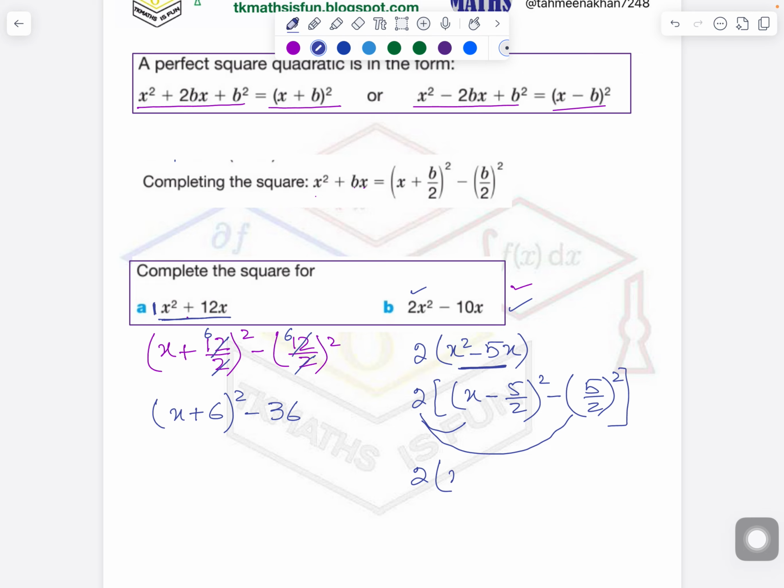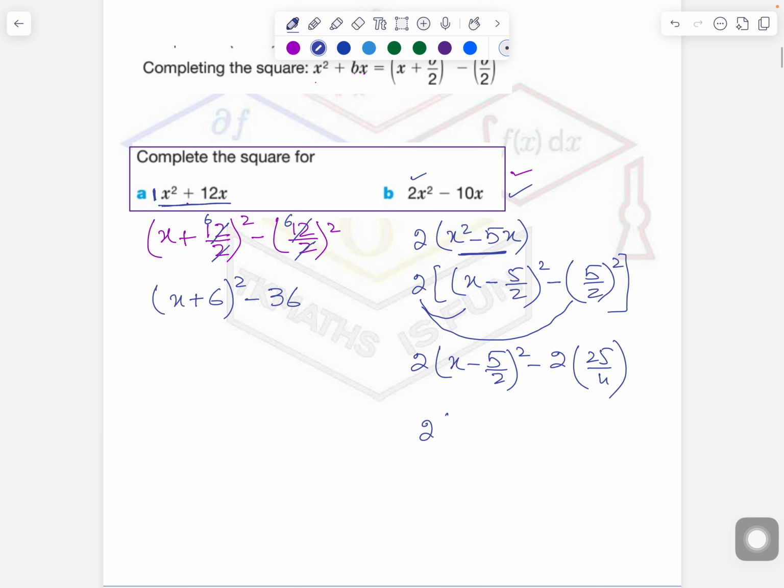So it will become 2 times (x - 5/2 ...) squared minus 2 times 25 over 4. So it will become 2(x - 5/2)² minus 25 divided by 2. So you have changed them into perfect square form.